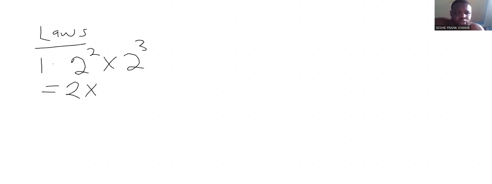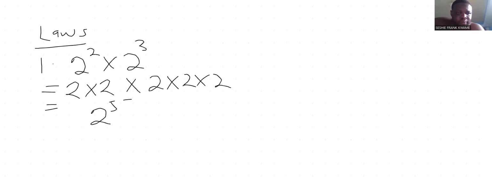The first law is the product law. If you have 2 exponent 2 times 2 exponent 3, 2 exponent 2 is 2 times 2, and 2 exponent 3 is 2 times 2 times 2. If I bring them together, that is 1, 2, 3, 4, 5, so 2 index 5. That is the result for multiplying 2 exponent 2 by 2 exponent 3.